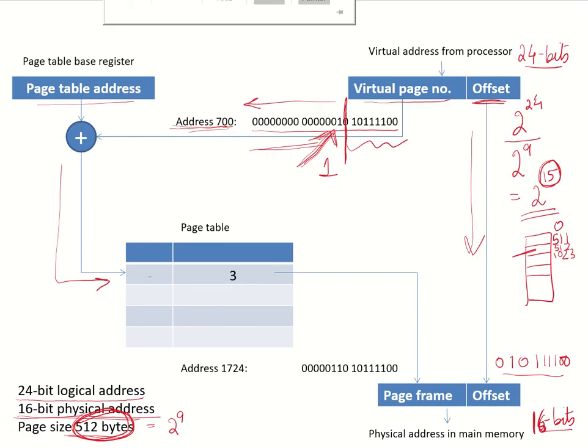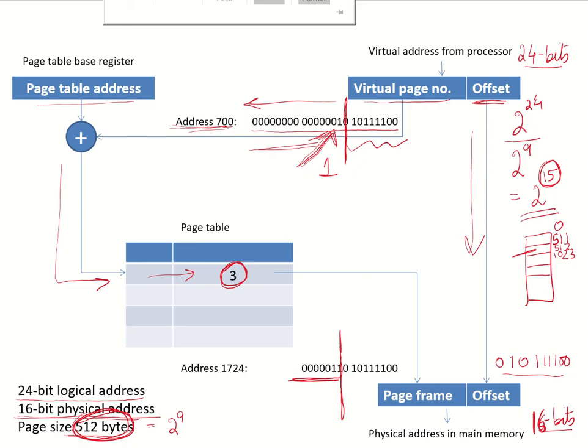And if you see over here, this shows that this page is available in page frame 3 of the RAM. So page frame 3 will be converted into binary. Here these were the offset bits, and now binary has been taken for number 3. So 0, 0, 0, 0, 0, 1, 1.